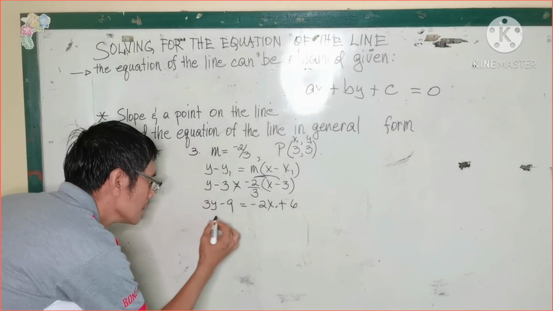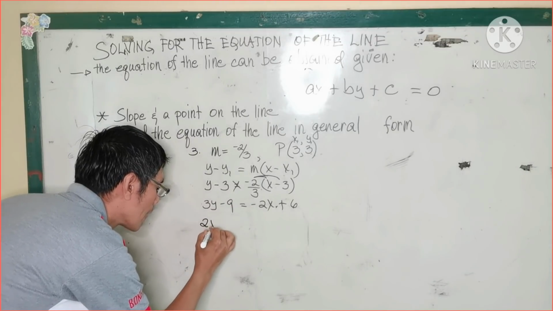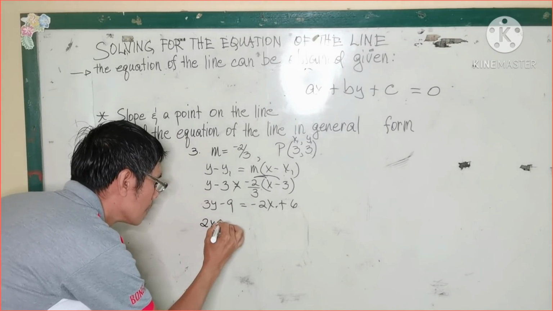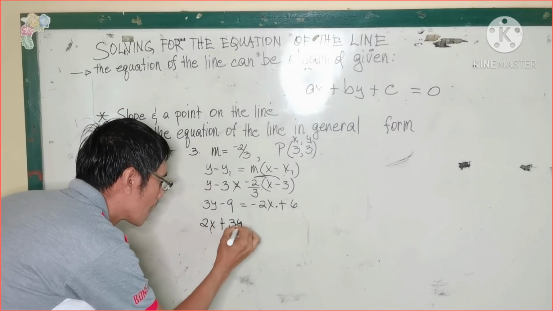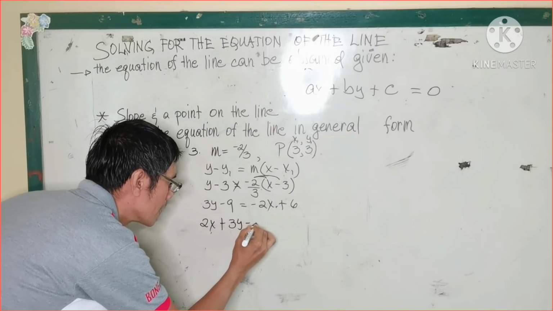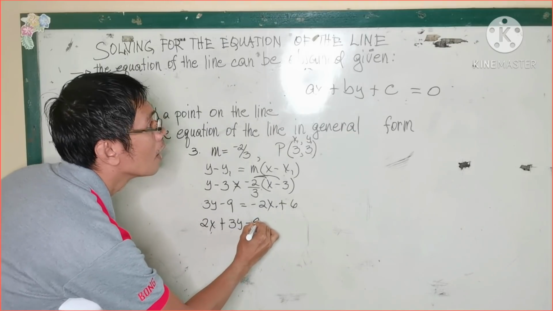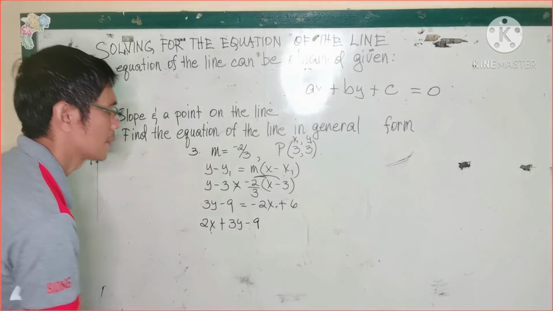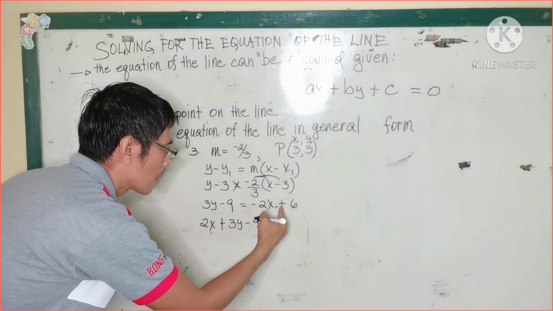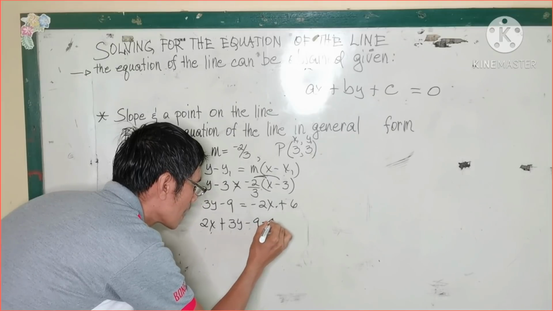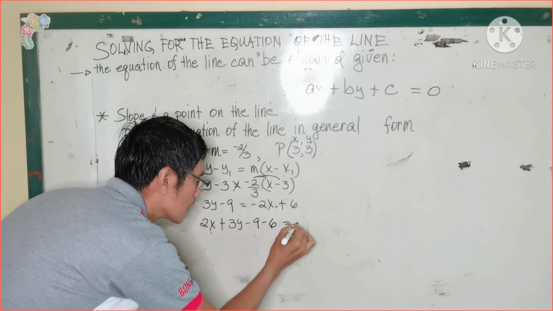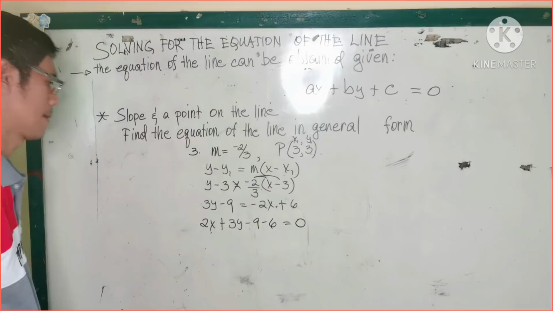So we have 2x, then positive 3y, then our negative 9, then our positive 6 transposing becomes negative 6 equals 0.